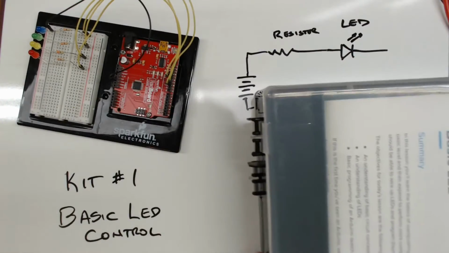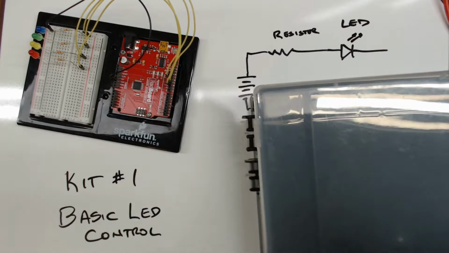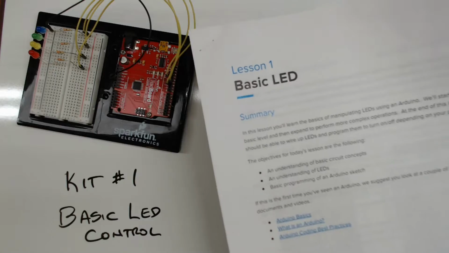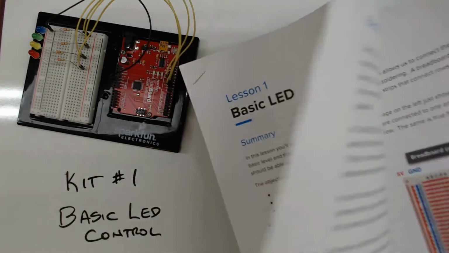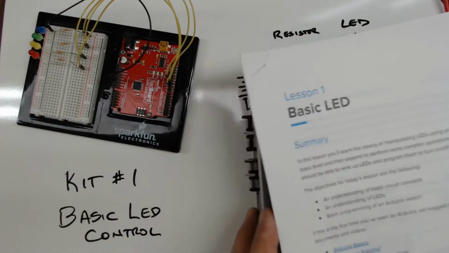You also have the basic lesson sheet to follow along during class. Now your instructor will go through the basics of circuitry and understanding LEDs, so you want to read through the basics of programming before we get started.